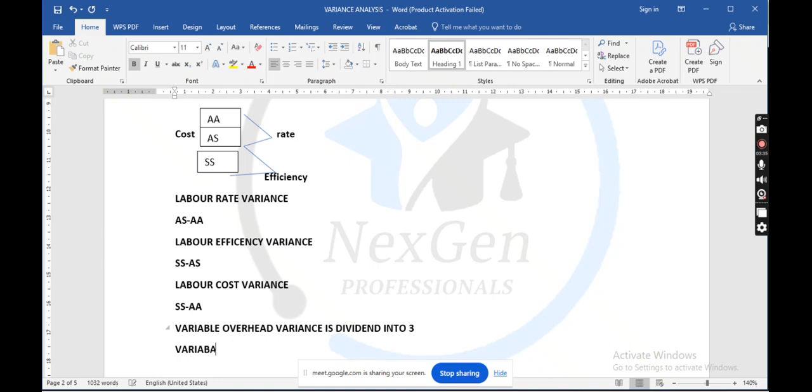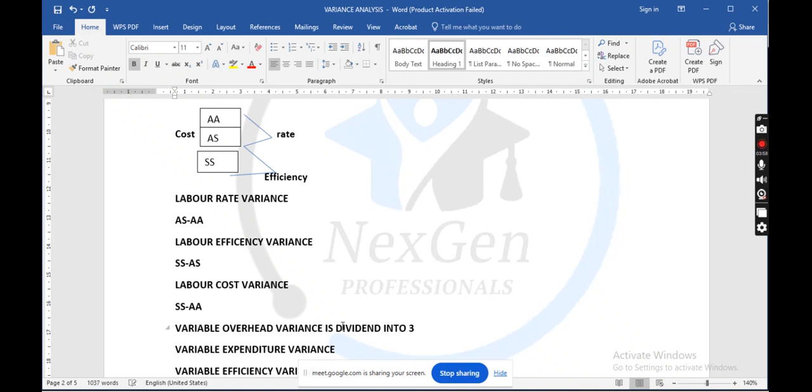So variable expenditure variance, variable efficiency variance.